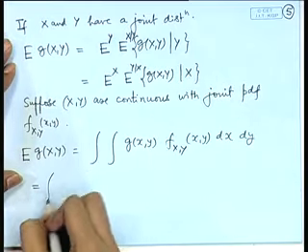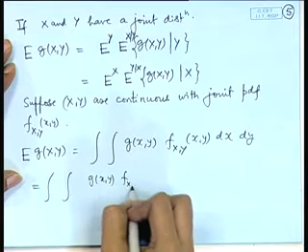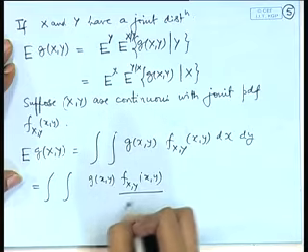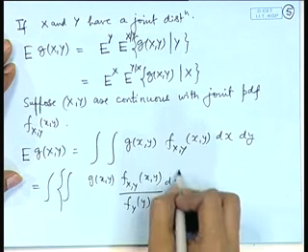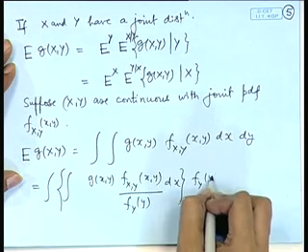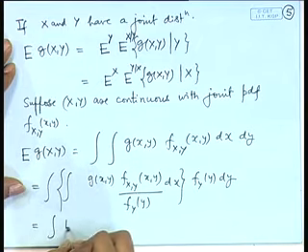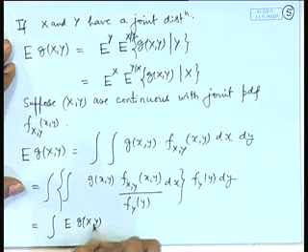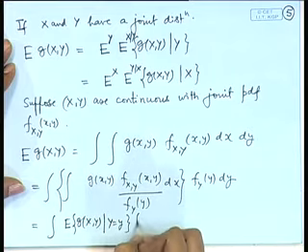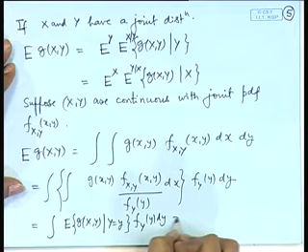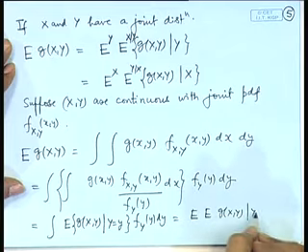Then this we can express as the integral of g x y f x y divided by f y, multiplied by f y dy. So, this inner quantity is nothing but the expectation of g x y given y is equal to y, multiplied by the density of y, which is nothing but the expectation of the expectation of g x y given y.